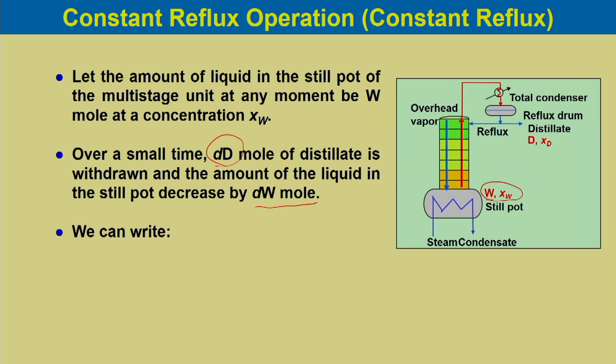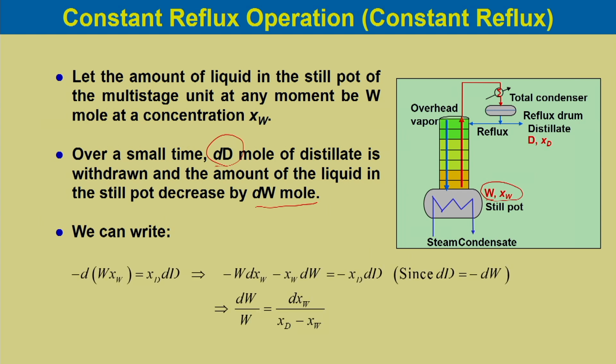So, we can write from here: minus d(W x W) would be equal to x D dD, which would be equal to minus W dx W minus x W dW, equal to x D dD, which is equal to minus x D dW, because dD is equal to minus dW.